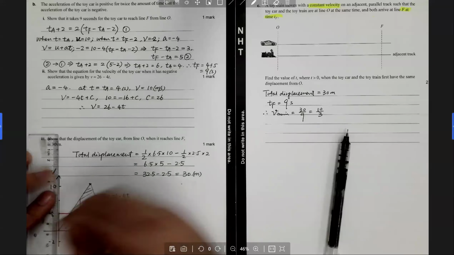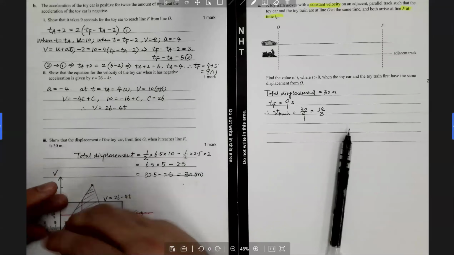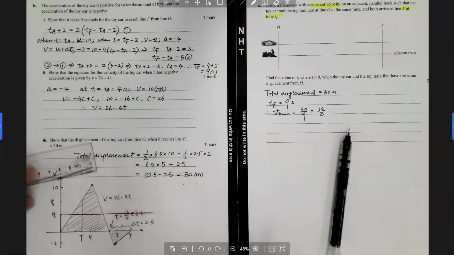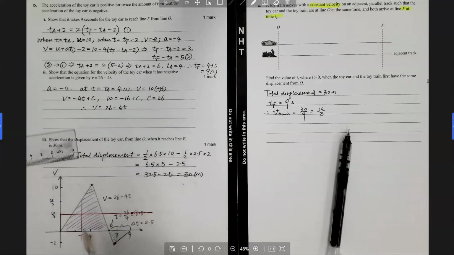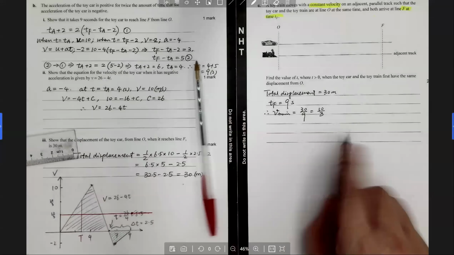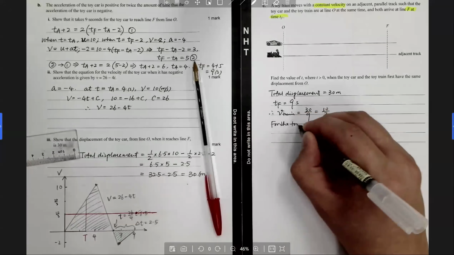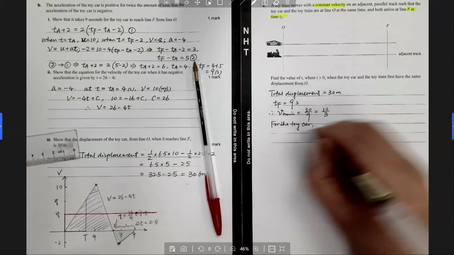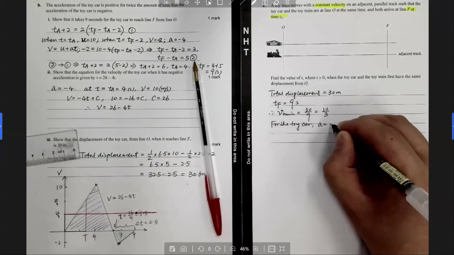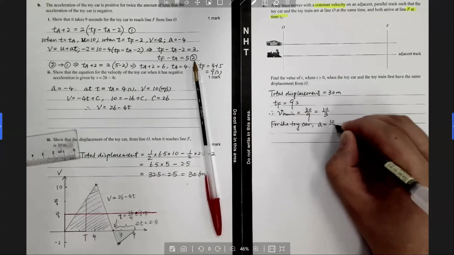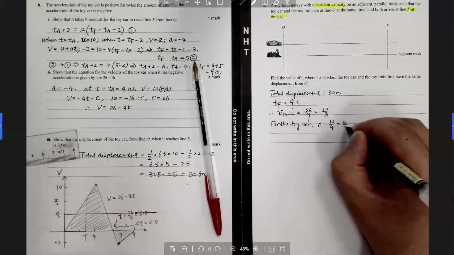By the way, if you know this t value for the acceleration stage is 4, for the toy car, the acceleration equals 10 divided by 4, which is 5 on 2.